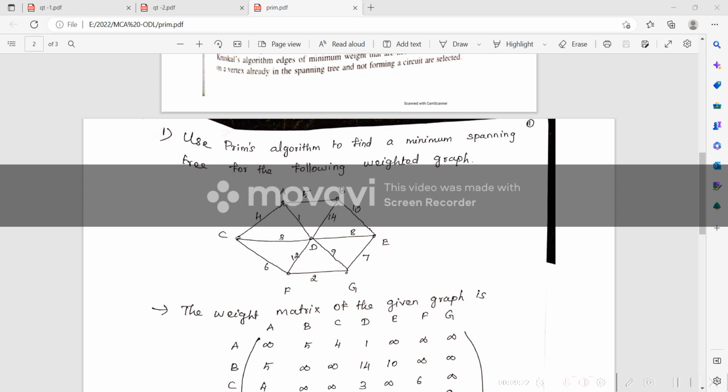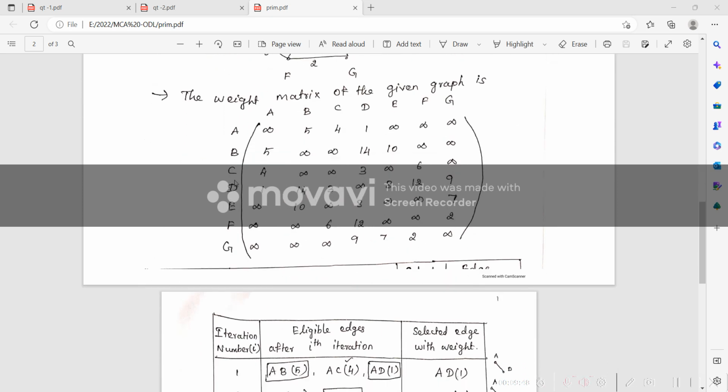Because each edge is assigned some weight. So this is one weighted graph. So totally we have 7 vertices, namely A, B, C, D, E, F, G. Okay, so for this connected graph, we are going to draw one minimum spanning tree.